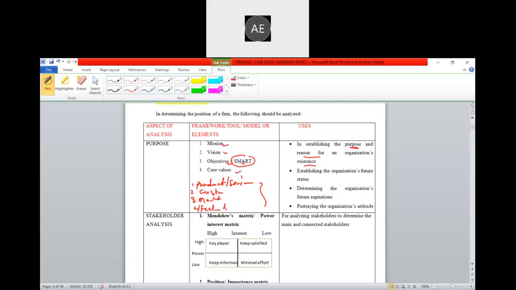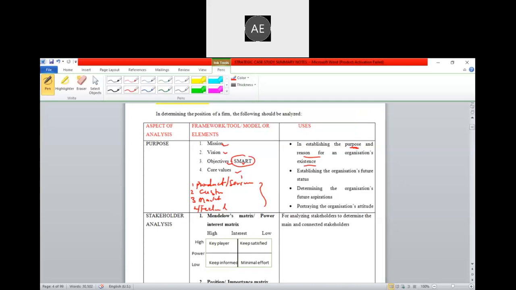For instance, ABC Limited wants to increase its profit. So the profit here is becoming specific, right? By, let's say, 20%. That's the measurability here. In, let's say, 2 years time, it is time bound, right? So these elements, most of them or all, should be included in the objective of an organization.